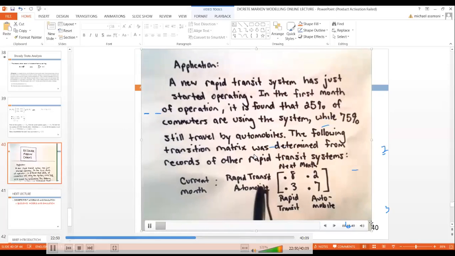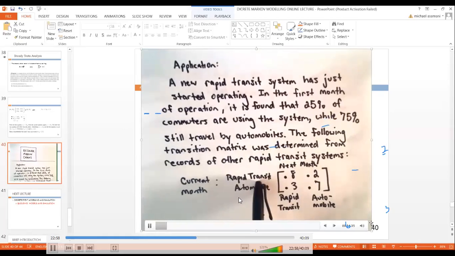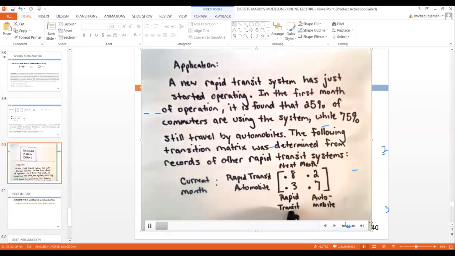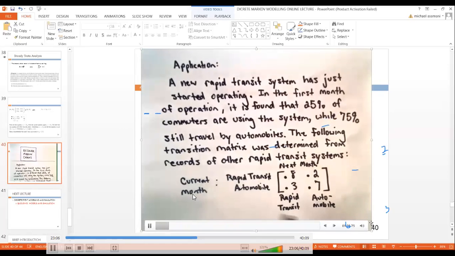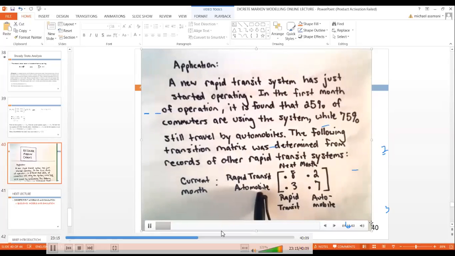The following transition matrix was determined from records of other rapid transit systems. So we have rapid transit and automobile as the two possible states of the transit system. And that's the one-step transition probability, on a monthly basis. So you take note of that.